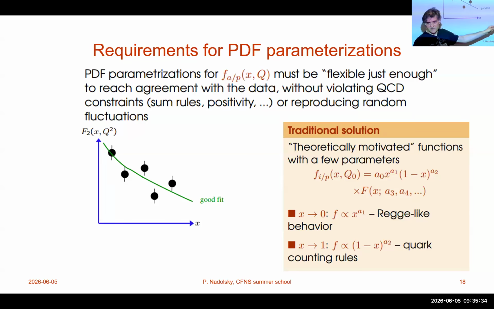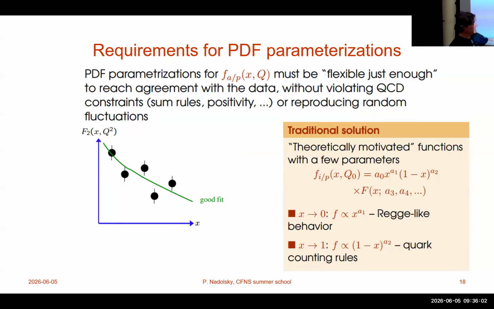One is given explicitly, and initially this was just the full parameterization of the PDF, and this first function is based on the asymptotic behavior of the PDFs in the limit when x goes to 0, when you can apply a so-called Regge-like model to describe the PDF behavior that tells you that the PDF must grow like x to some power a1. Okay, so that's one limit.